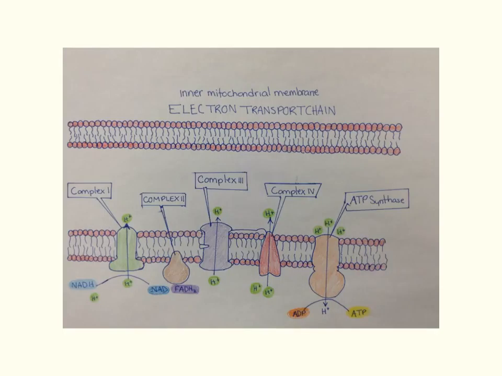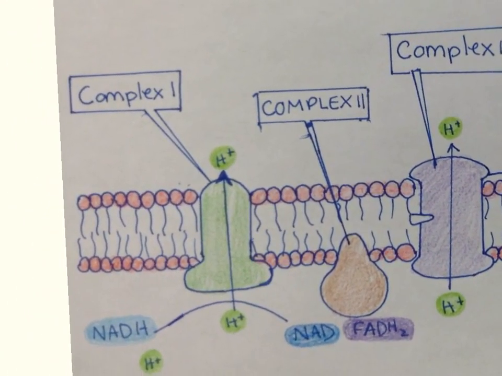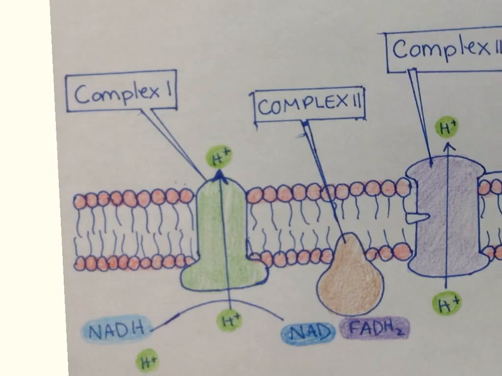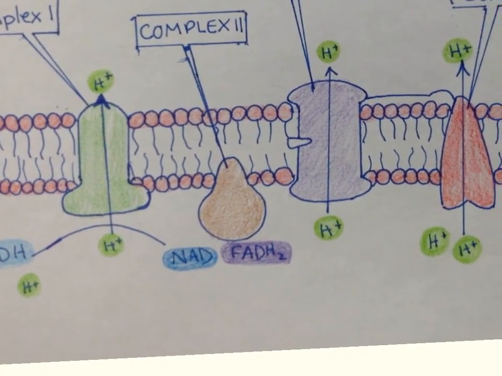Okay, so in the ETC, there are 7 main components. Out of those components, there are 4 complexes, oxygen, and 2 mobile electron carriers. So complex 1, right here, is NADH dehydrogenase. And complex 2, right here, this pear-shaped nugget, is succinate dehydrogenase.